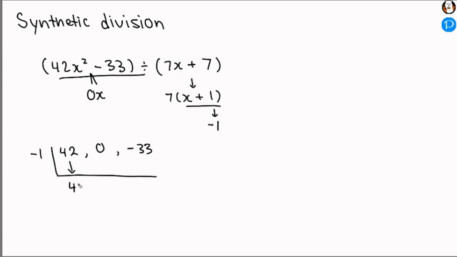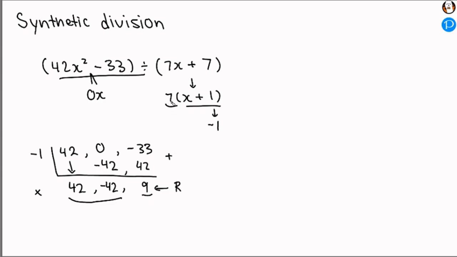It's going to be 42. 42 times -1 is going to be -42. Then we're going to add 0 and -42. Multiply again. And then add again. 9 is going to be our remainder.